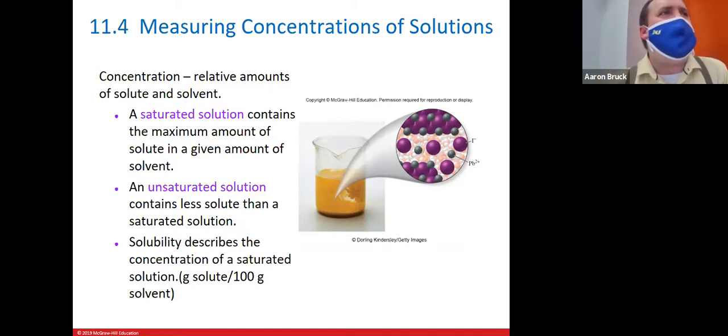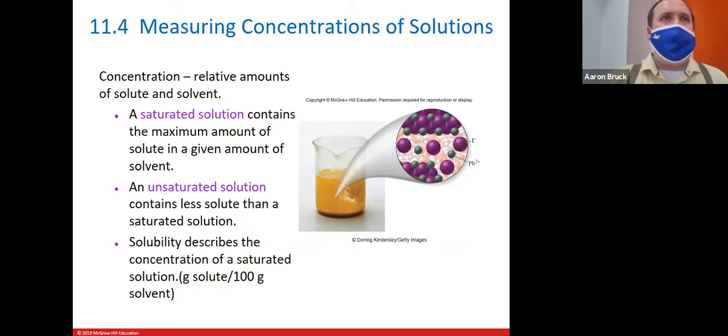So kind of an easy way of thinking about this: let's say that you make some iced tea at home. When you brew the tea leaves and make the iced tea, initially there is no sugar in that tea. From the standpoint of it being a sugar or sweet tea solution, it is unsaturated. There's nothing in it.